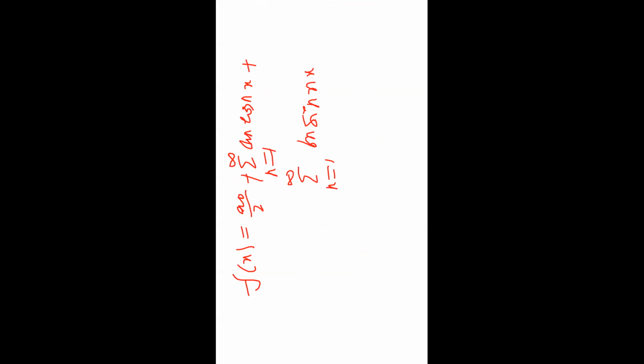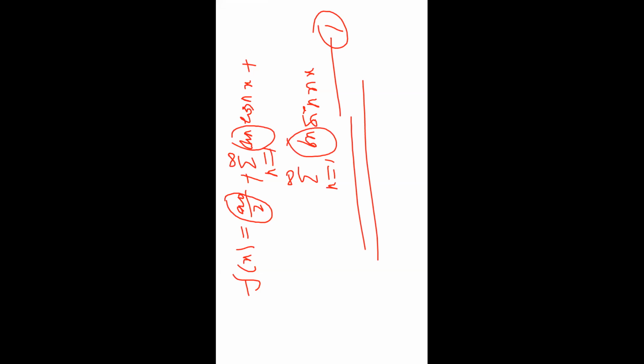This is the expansion of the Euler's formula. So we have to find out this value. First, find a0 by 2 and replace it, second find the value an and replace here, and third find the value bn and replace in this place. So this is the expression of the Fourier series in Euler's formula.